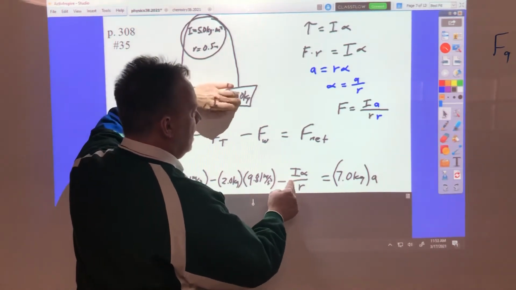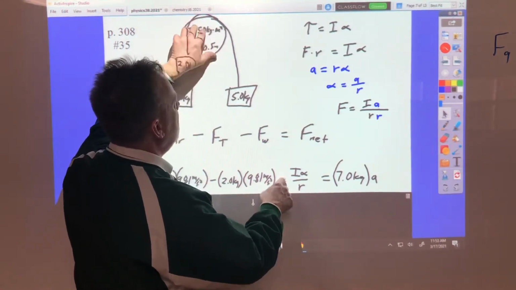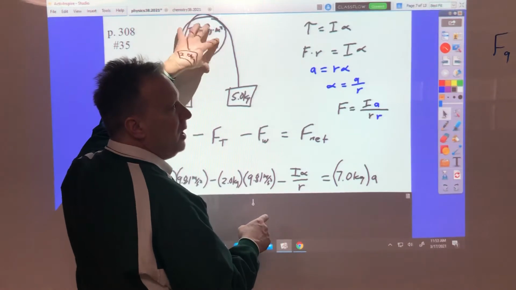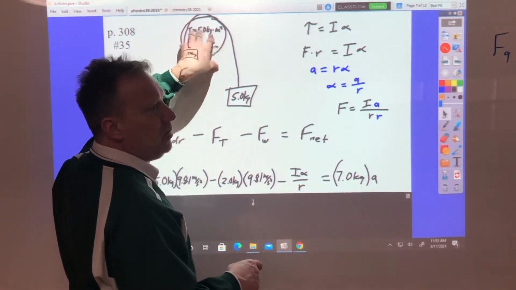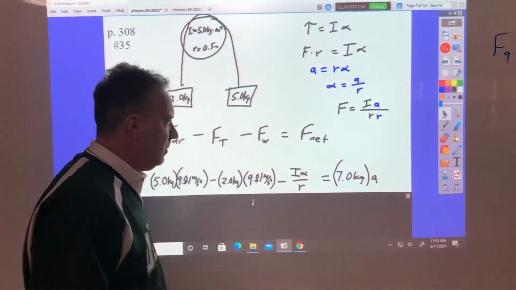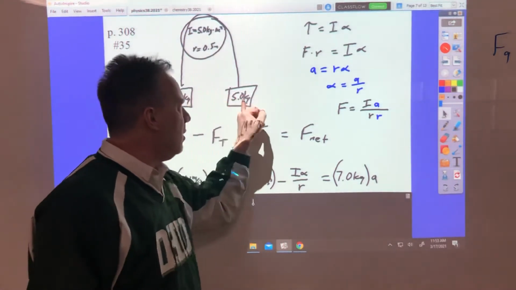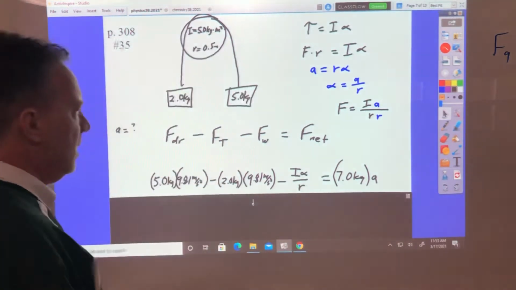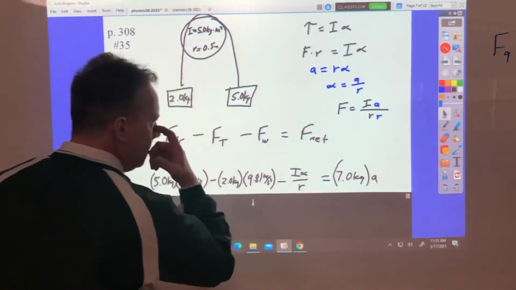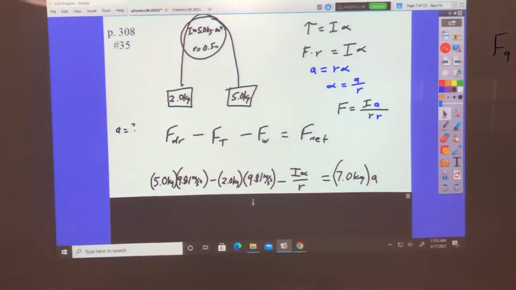I'm adding a negative here because the force it takes to spin this inertia is going to feel like it's in a negative direction. And then we have to accelerate both masses with acceleration A. And I think that might be what we're looking for. Okay?